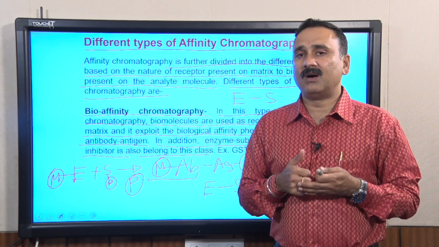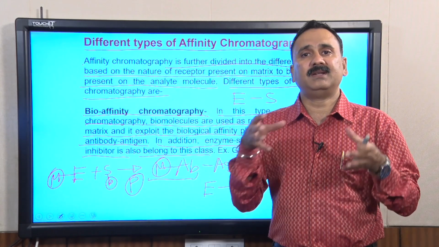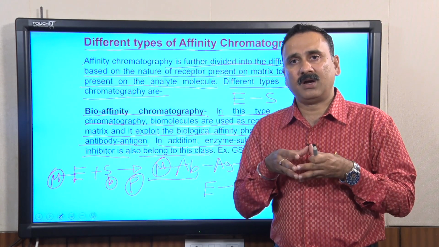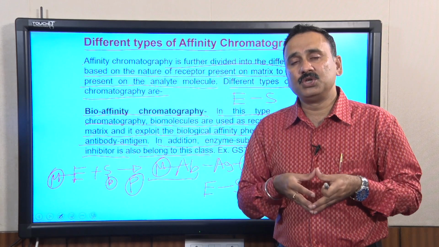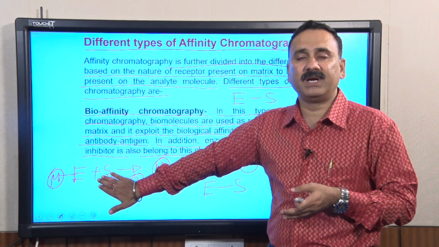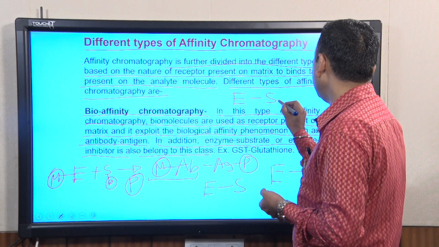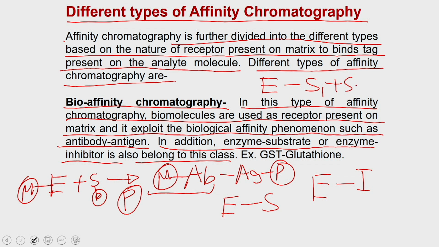So, in all these combinations where you are using enzyme substrate or enzyme inhibitor combinations, you have to ensure that the enzyme requires an additional substrate for catalyzing the reaction, which means the enzyme requires substrate 1, substrate 2, and only then will it give you the product.